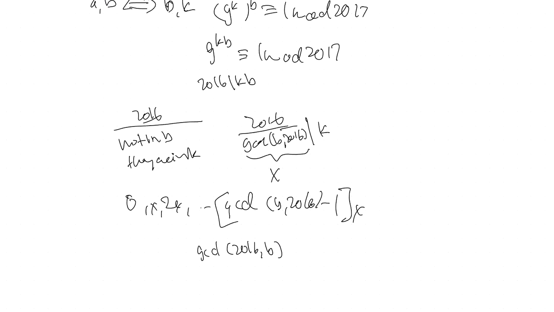Okay, I'm going to assume everybody understands that step too, so we're going to move on. Now we assumed b is constant, so now we're going to sum over all the b's. We sum from b equals 0 to 2016 of GCD(2016, b).